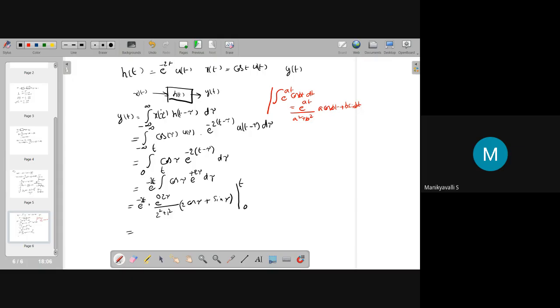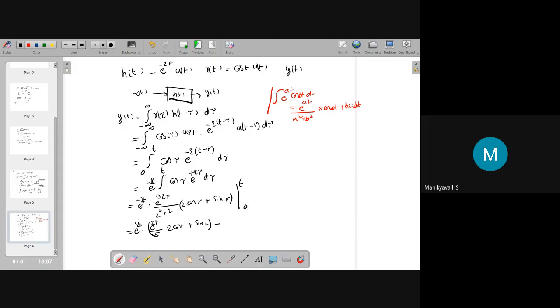It has e to the power of 2t, I am taking common. So e to the power of minus 2t into e to the power of, we substitute limits, e to the power of 5, 2 cos t plus sin t minus, we substitute 0, sin 0 is 0.